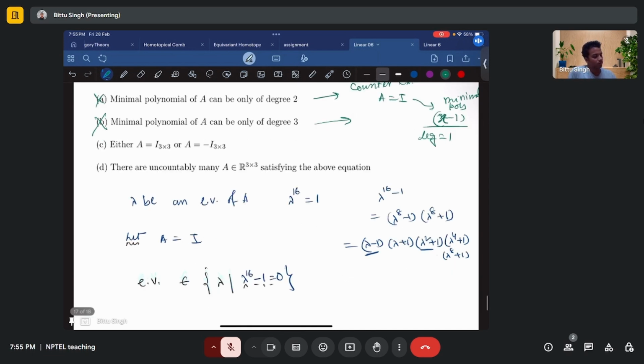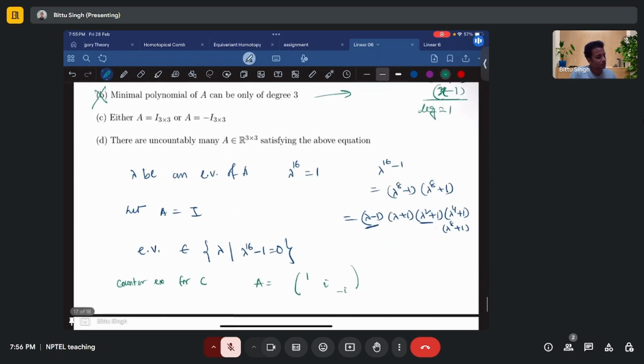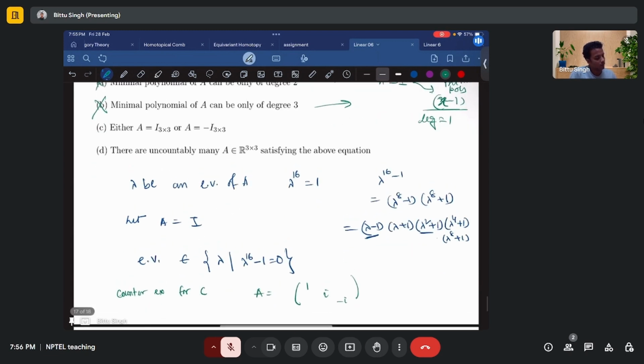For example, take a counter example for C. Take A equal to this one, and here plus I, minus I. Then it is clear that A to the power 16 will be I, because I to the power 16 is 1 and minus I to the power 16 is 1.